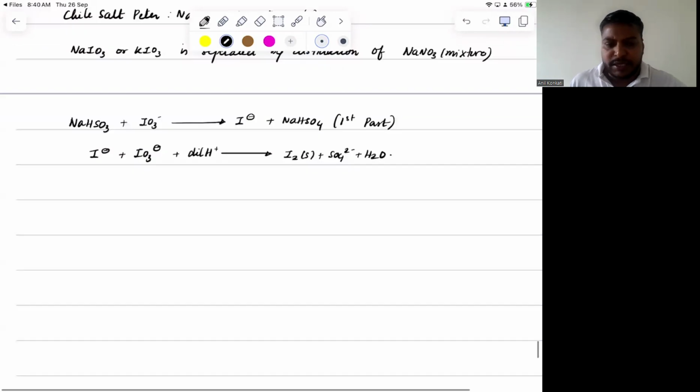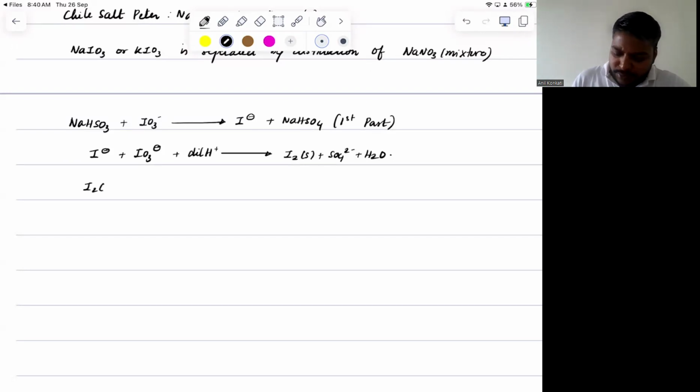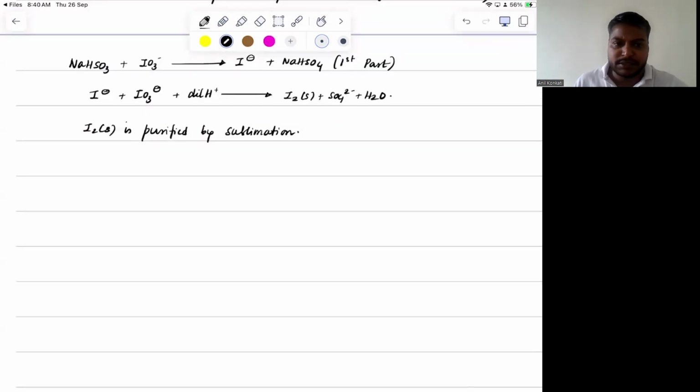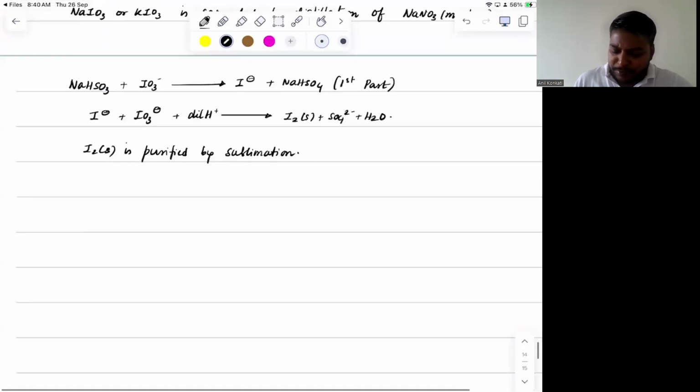So that's how it is added to the first solution which was present. This I2 solid is purified by sublimation. By sublimation, we can remove the vapors of iodine and get this. This is about iodine preparation.